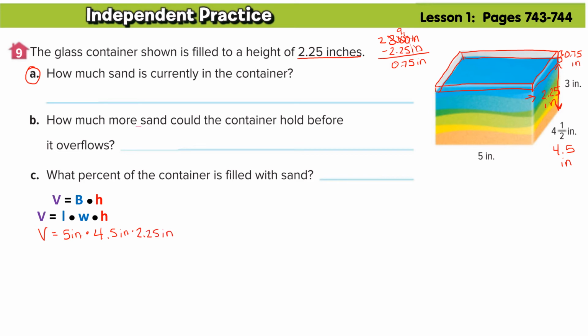Okay, so the volume is going to equal, if I multiply 5 times 4.5, I get 22.5 inches squared times 2.25 inches. And so my volume equals 50.625 inches cubed. All right, so that's A.